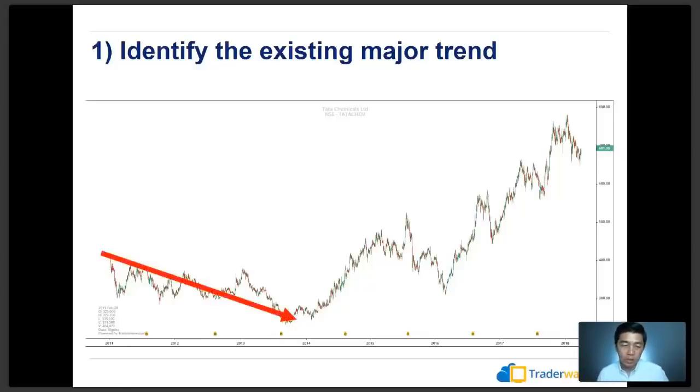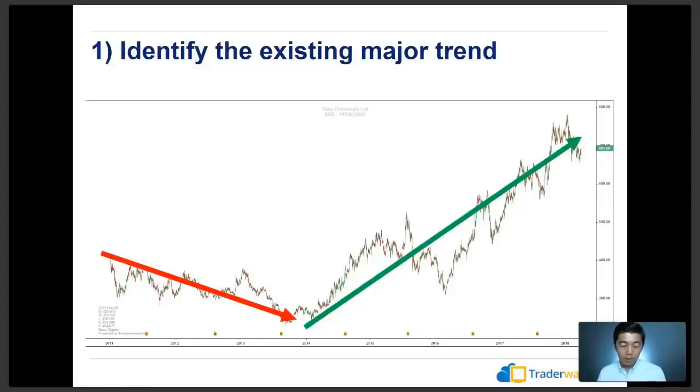Why? Because the peaks have been getting lower, and the supports have been getting lower as well. But since 2014, it has been on an up run even until today. Over the past 4 years it has very clearly been on a major uptrend. So in this case, we can identify and affirm that the prevailing trend is an uptrend.